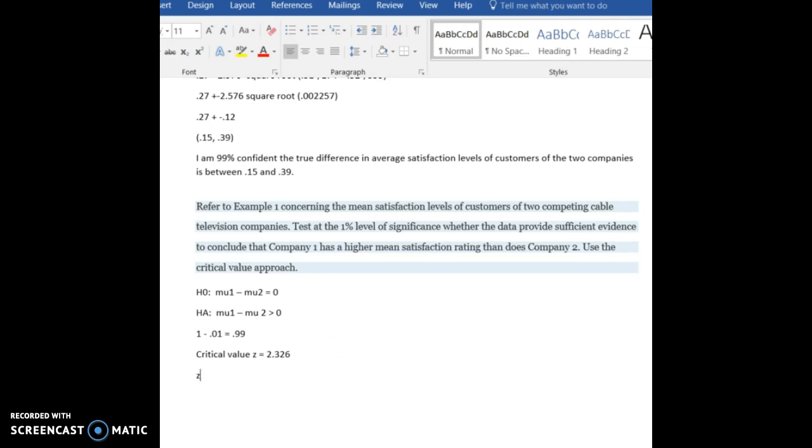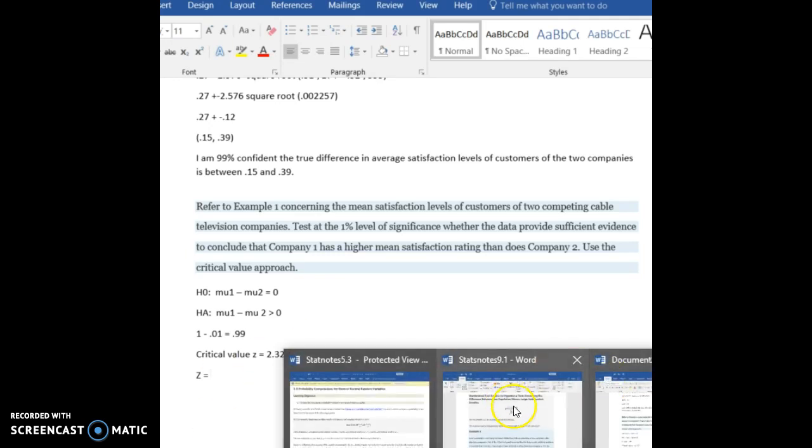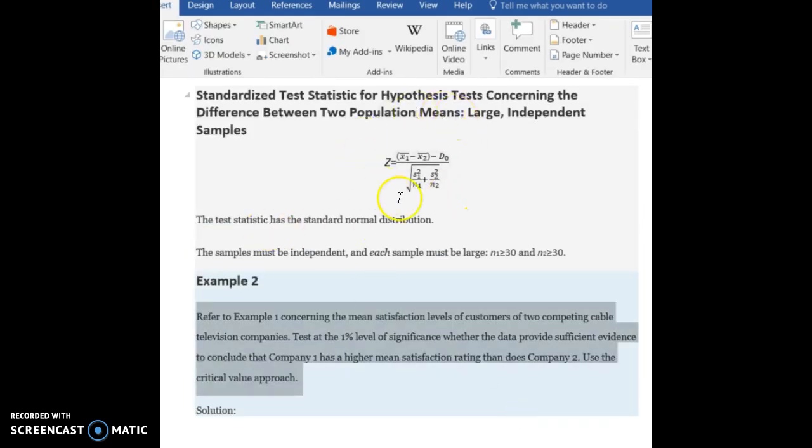All right, so let's do that calculation. Our calculation is now a little bit different. Let me just remind you what that formula looks like. Here it is from our book. Ugly looking thing, but notice that we've already done this top part, the x1 bar minus x2 bar, when we did example 1.